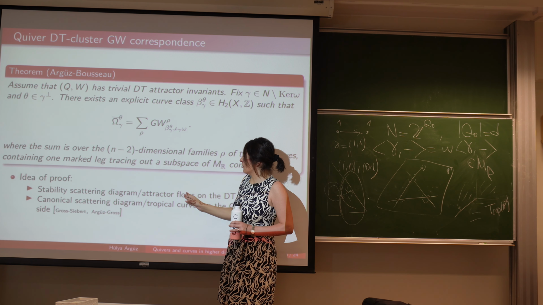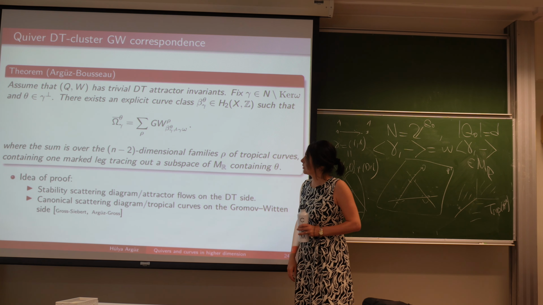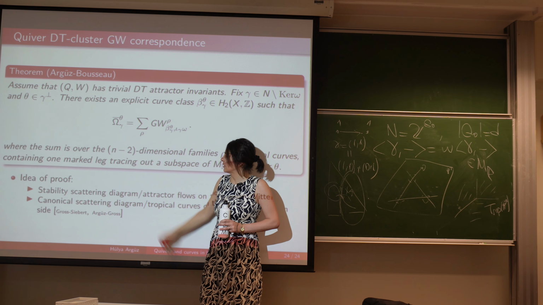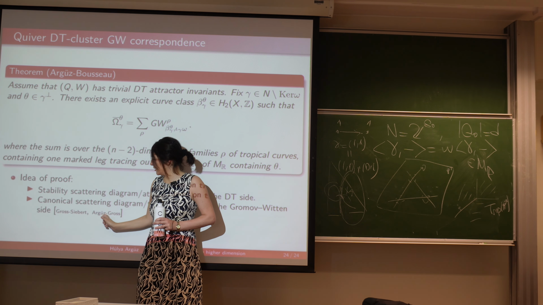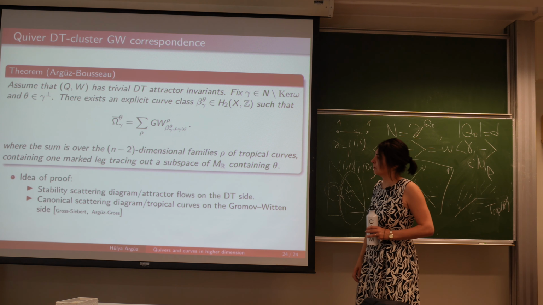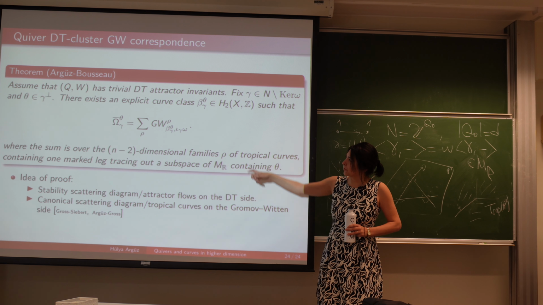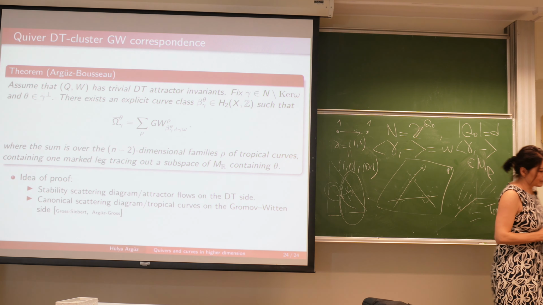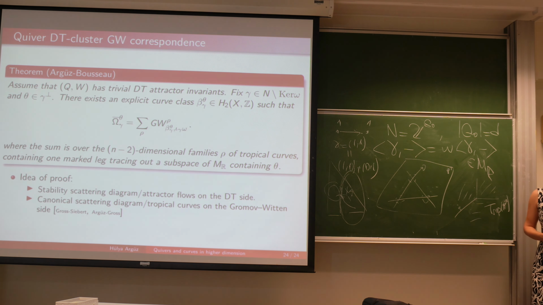One can look at the stability scattering diagram of Bridgeland, and to calculate log Gromov-Witten invariants using wall crossing combinatorially, one can look at the canonical scattering diagram and the scattering diagram combinatorially we defined with Mark Gross in our paper, and just match these diagrams from which one can deduce this relationship. And that's all that I wanted to tell you about today. Thank you for your attention.